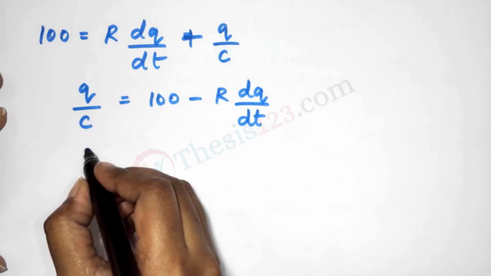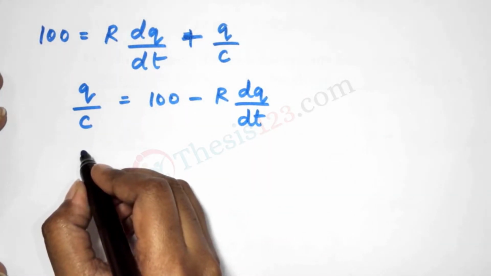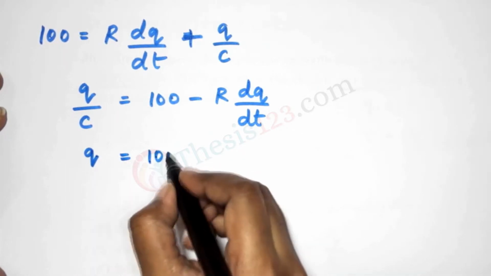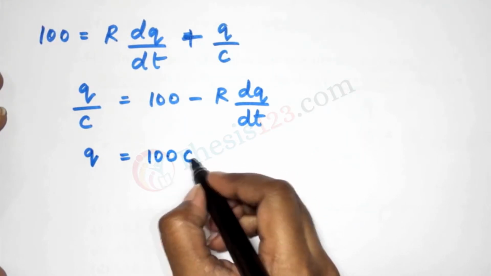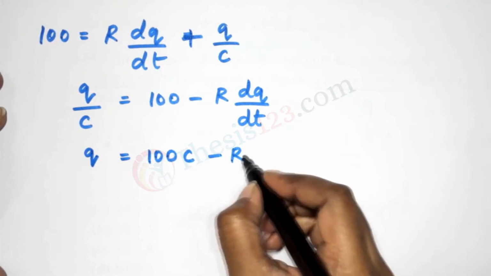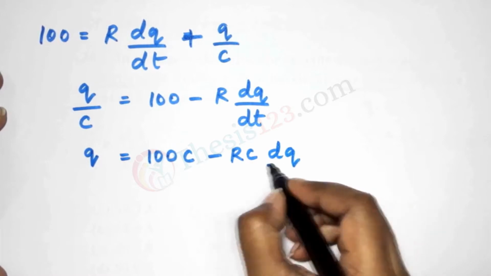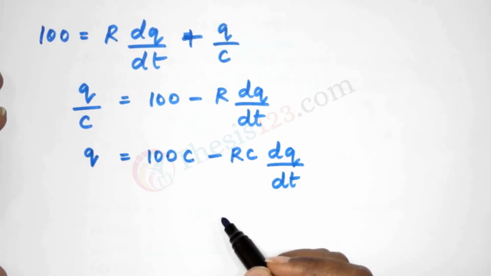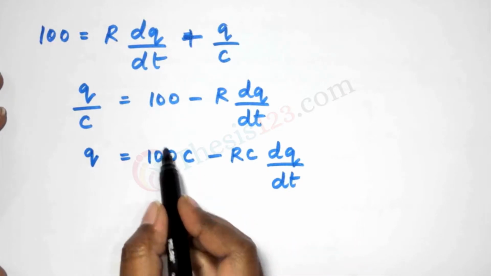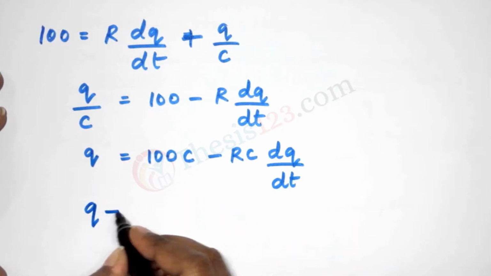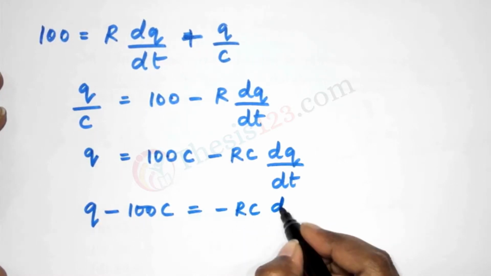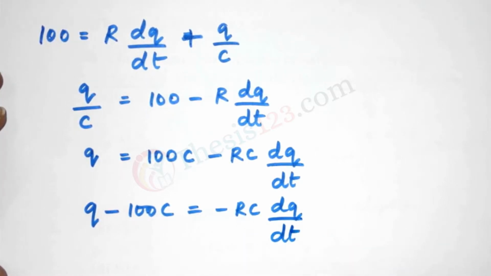Now we'll take the common denominator. We have q is equal to 100c minus RC dq by dt. Now I'm going to take 100c to the other side. Q minus 100C is equal to minus RC dq by dt.